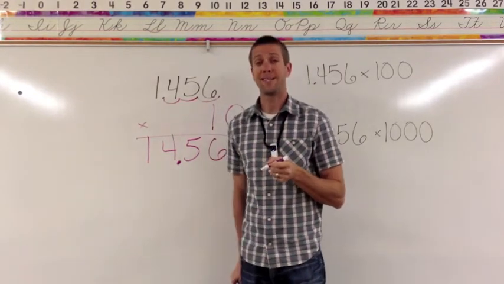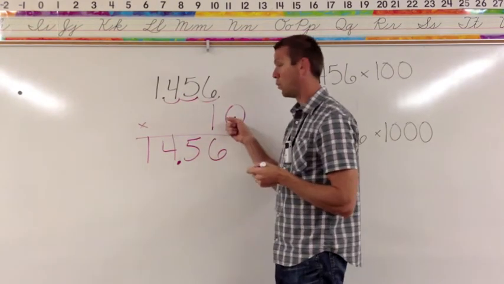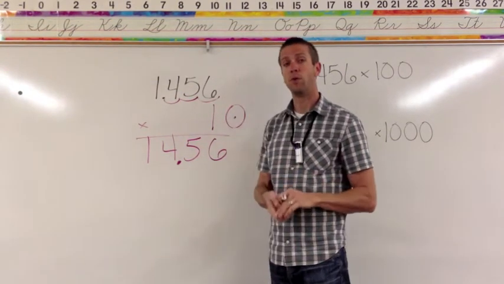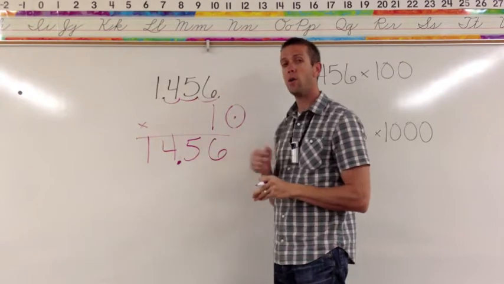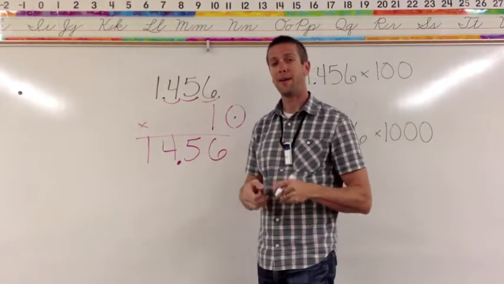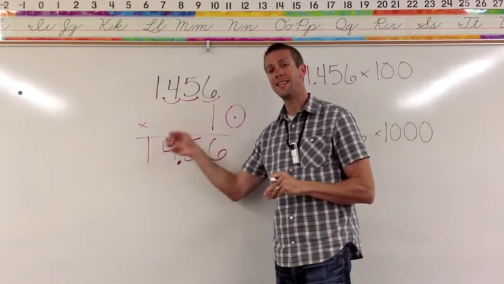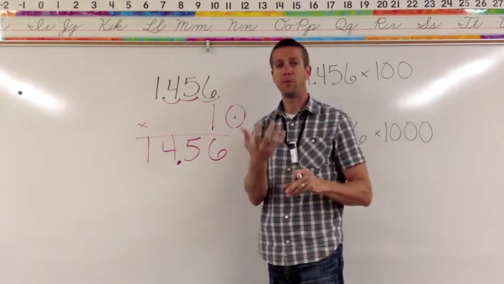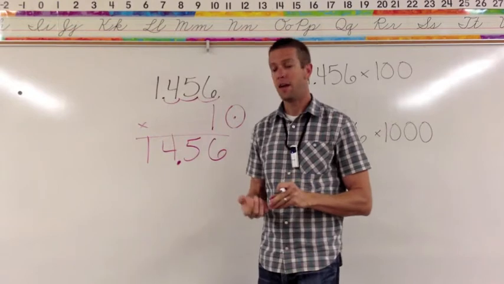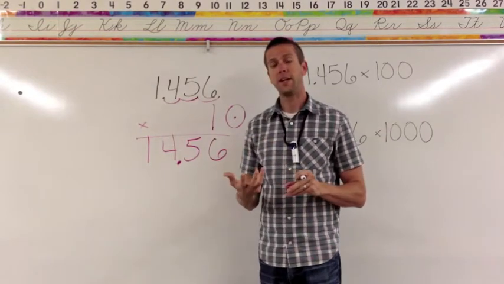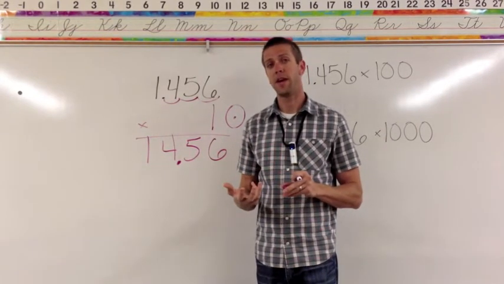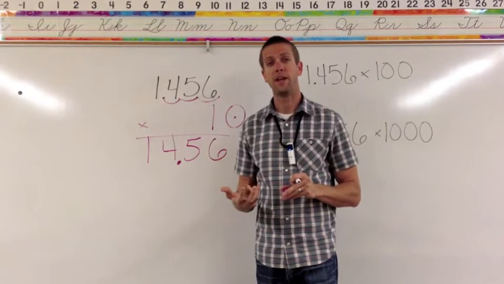If you multiply by a 10, there's 1 zero in a 10, your decimal will move to the right 1 spot, making it bigger, right? This was 1.4. Now it's 14. Because when you multiply by 10, numbers get bigger, right? If you have 14 and you multiply it times 10, you get 140.